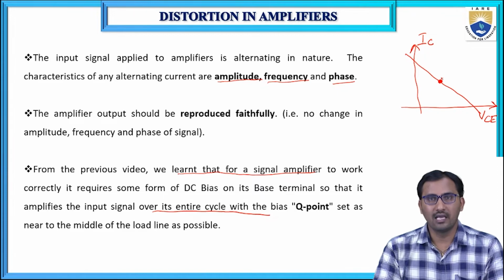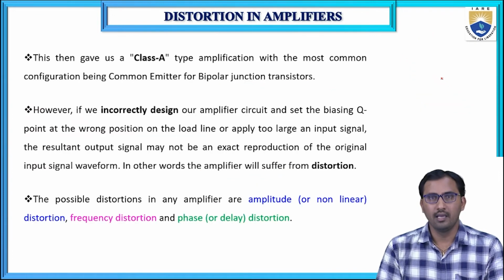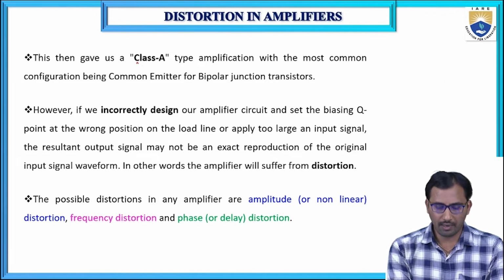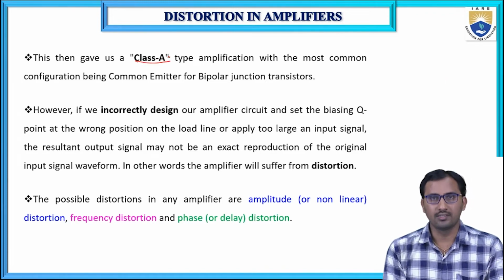Otherwise, the signal may get distorted. If the operating point is located at the center of the load line, then such amplifiers are called Class A amplifiers. In a Class A power amplifier, the output current flows for the entire 360 degrees of the given input signal.